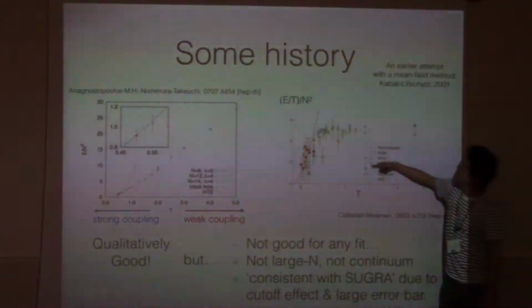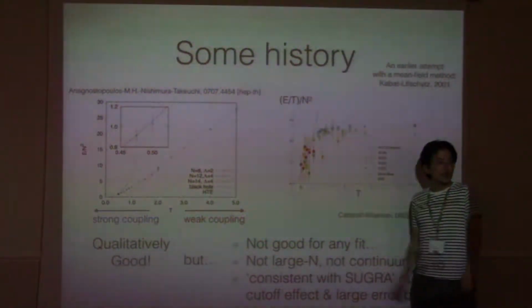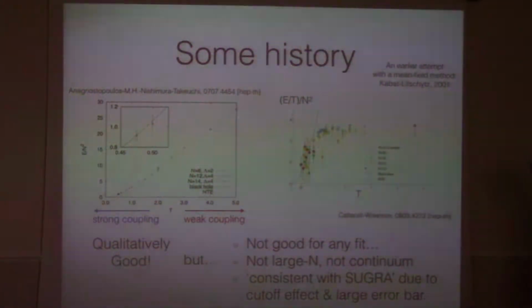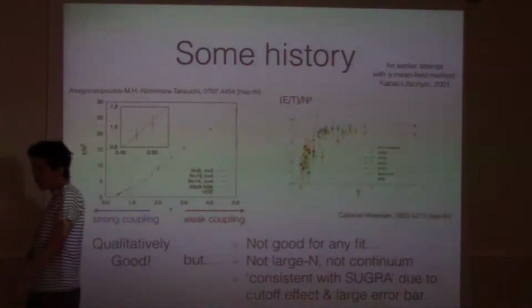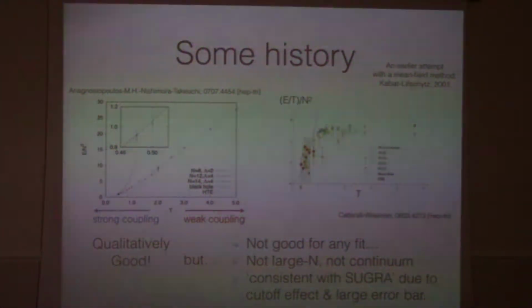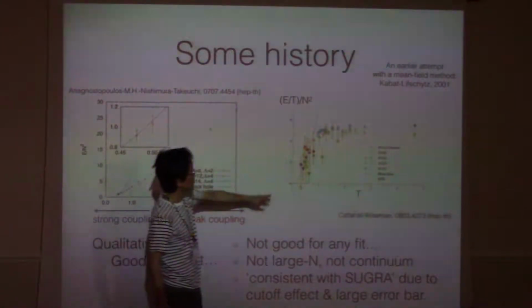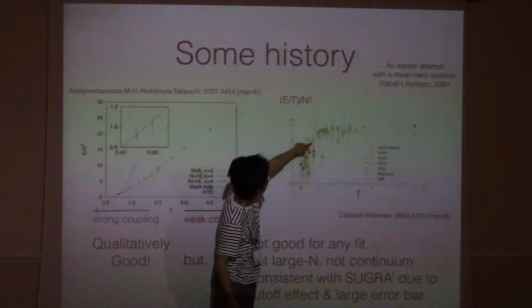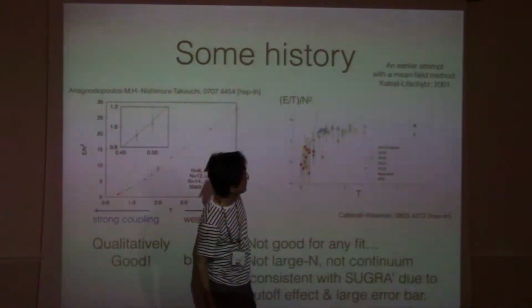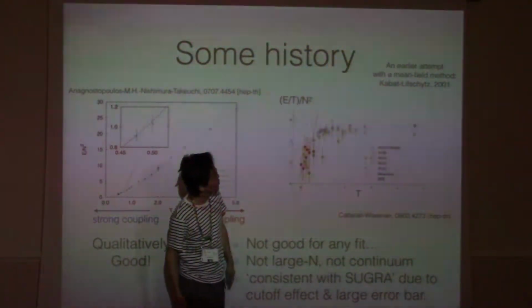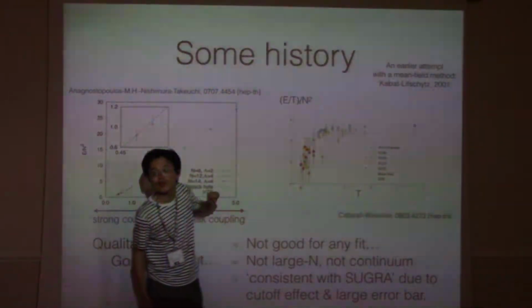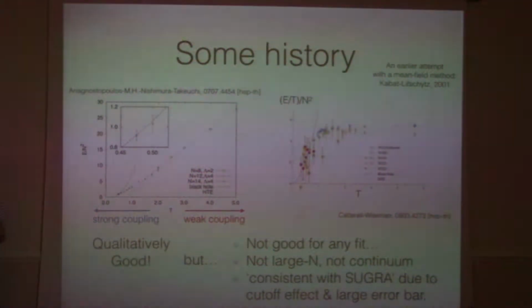The symbols with smaller error are where they could manage to control the flat direction. In some parameters, they couldn't really control the flat direction, but anyway, they show the result with those configurations as well. And you can see that when they couldn't control the flat direction, the error bar is really huge, and it doesn't really make sense. So it clearly tells you that it's very important to control the flat direction.